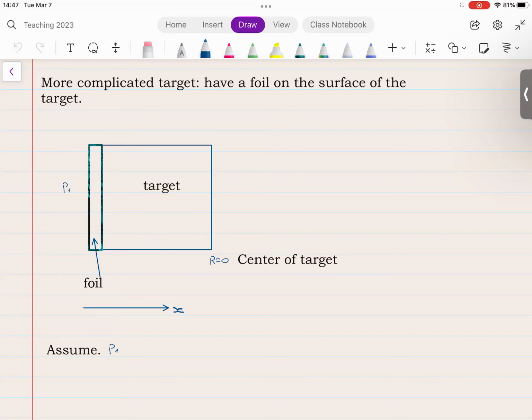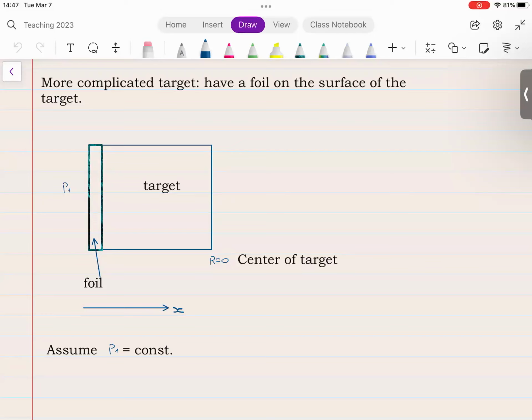Assume that. Then we can obtain some special quantities.